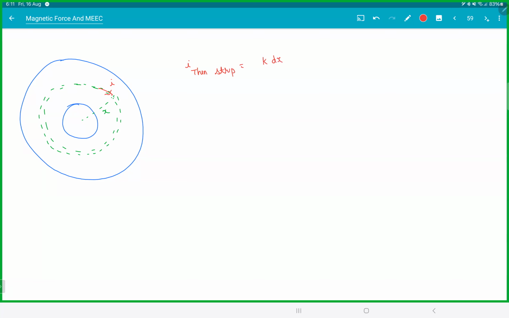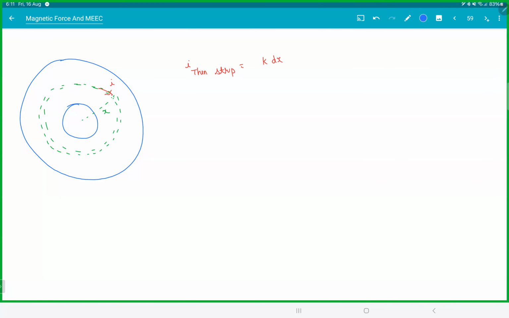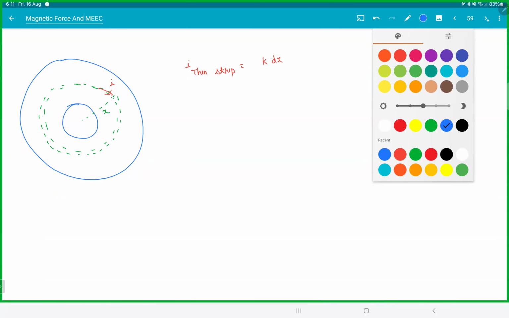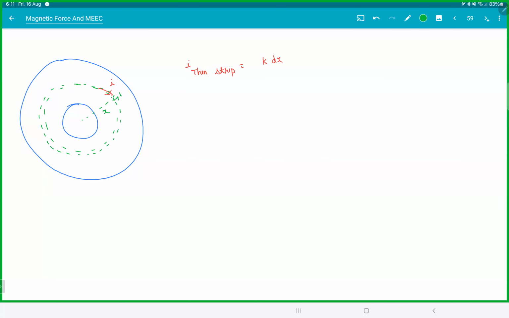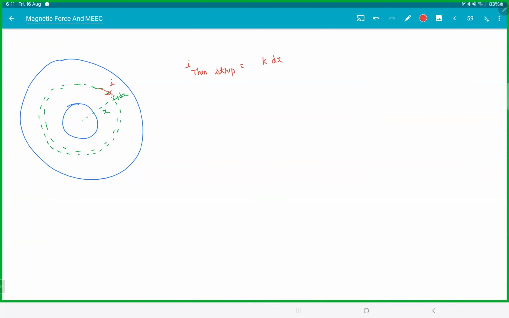That's the meaning of radial length. Here the radial length is dx. Make sense? Then we got a strip now carrying a current I.